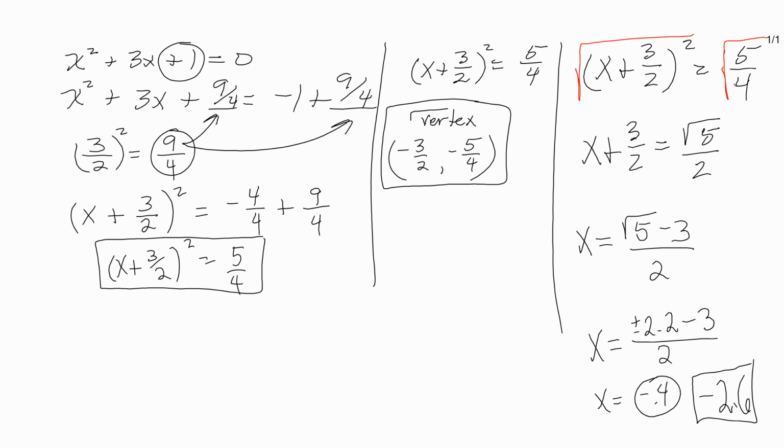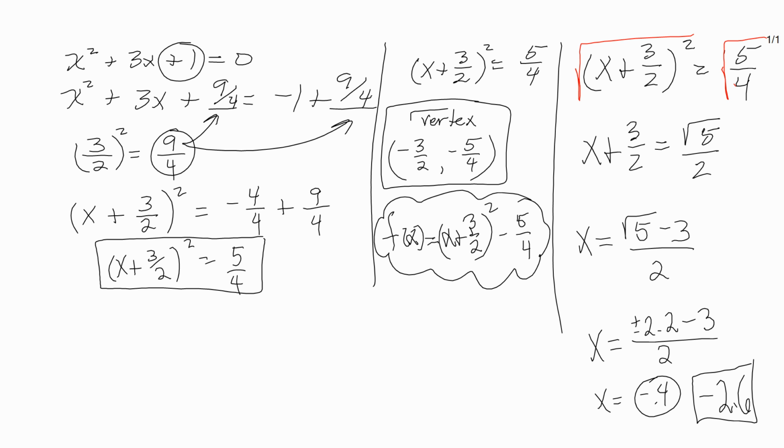Oh, also don't forget you need to put this in f of x is equal to x plus 3/2 quantity squared minus 5/4. And what's that called? Vertex form. You need to write that down, put it in this column, because sometimes they want you to write it like that.